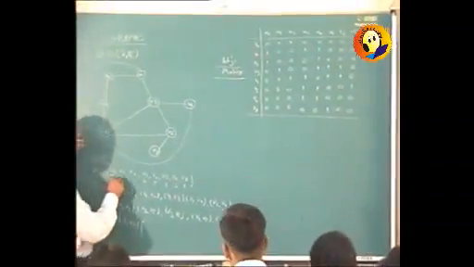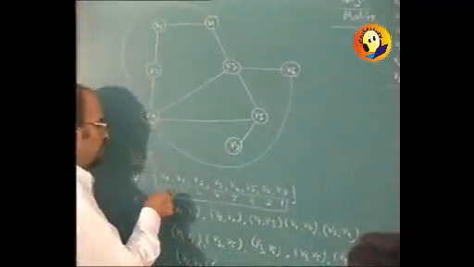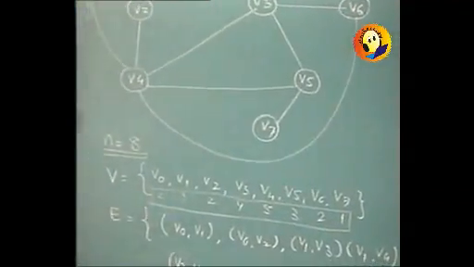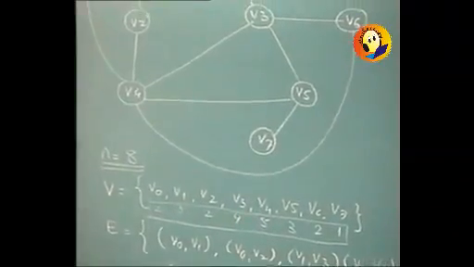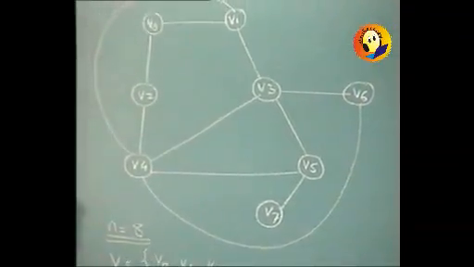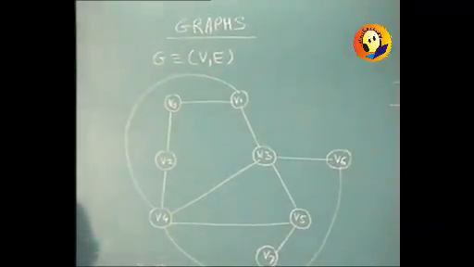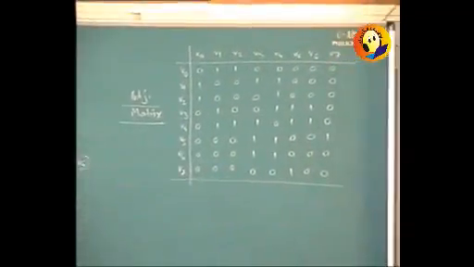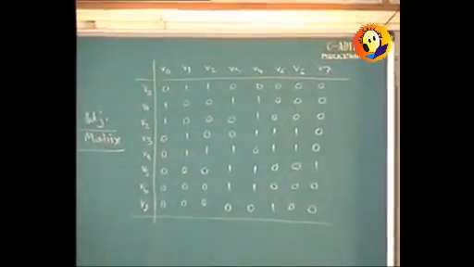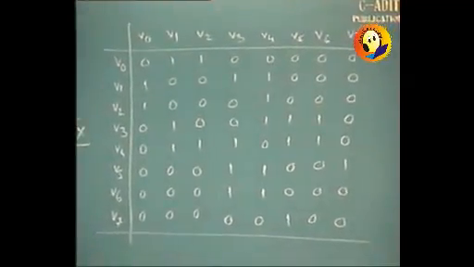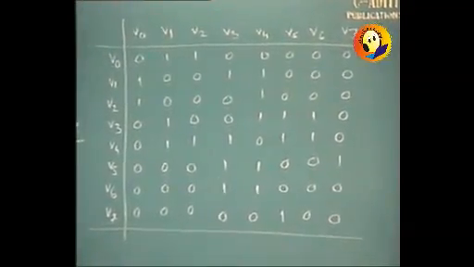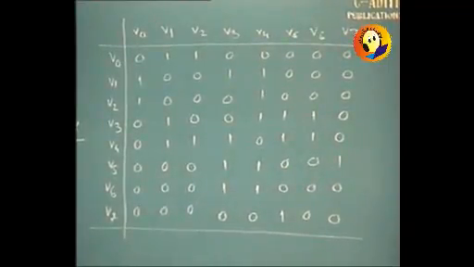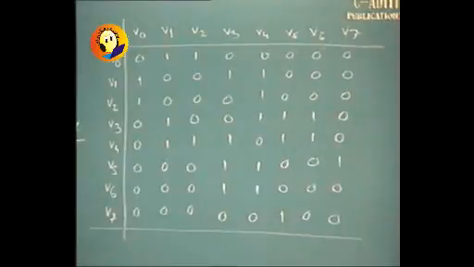These happen to be the degrees of the vertices. You can also observe that in this matrix, if you take the sum of all the elements in any row, you will get the degree of that particular vertex. Like the sum of row number 0, there are only 2 ones, so the degree is 2.